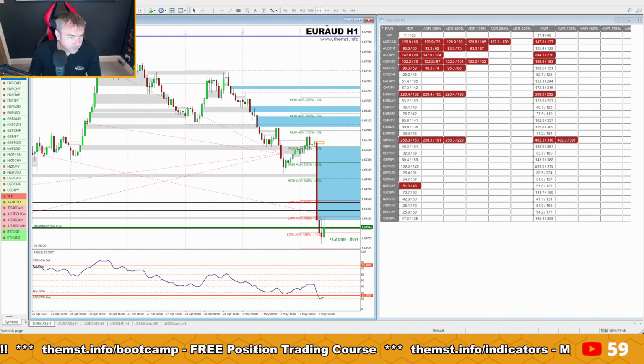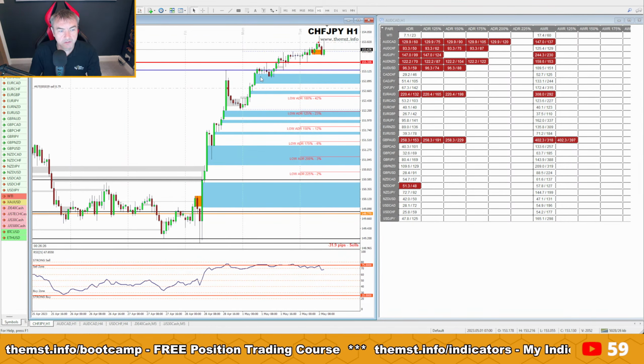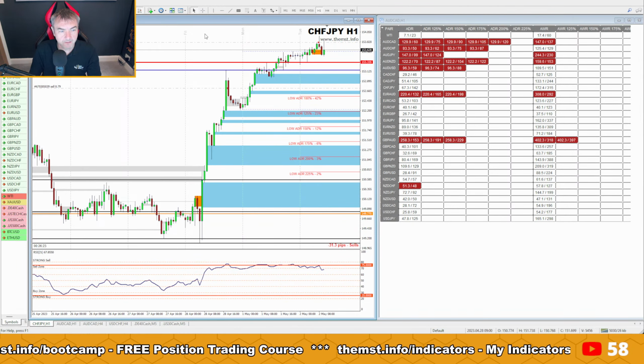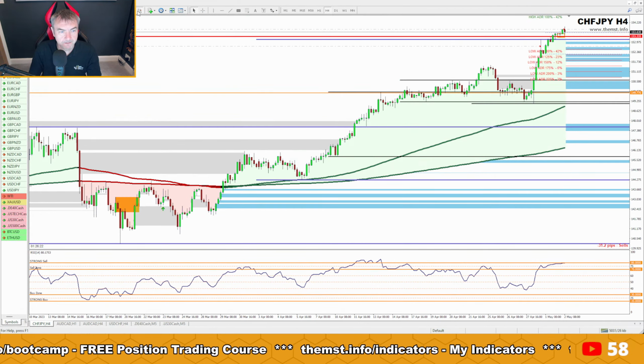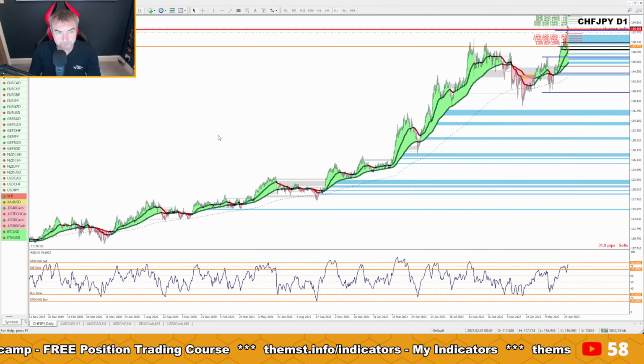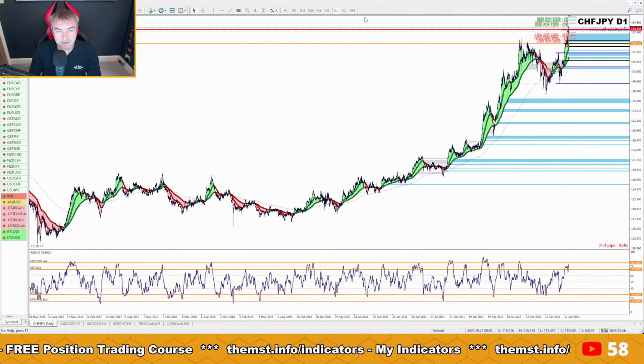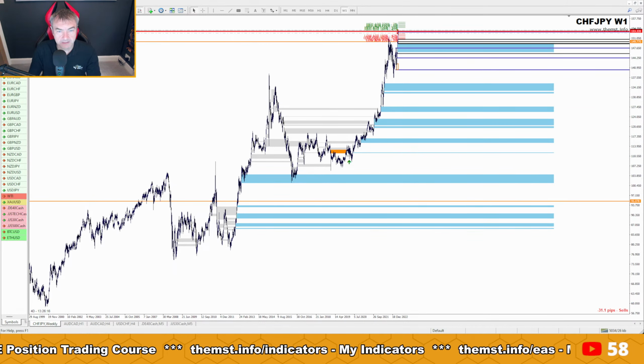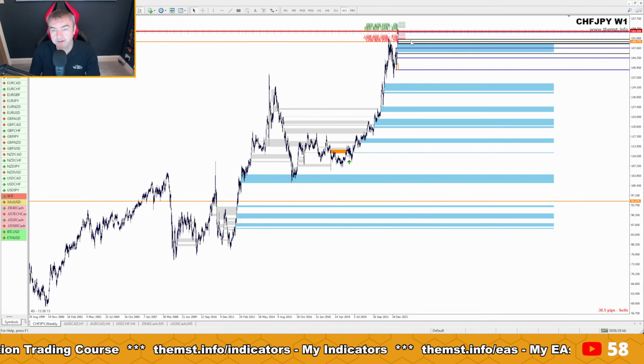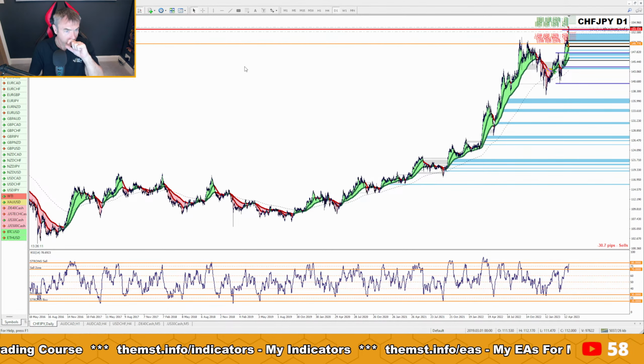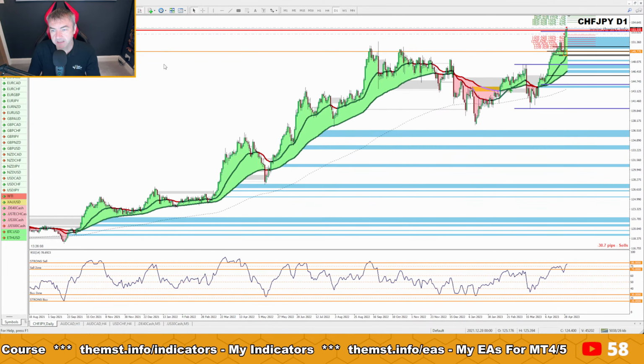Swiss yen, highest ever. Yeah, so the Swiss yen, we were looking at this one last week. As you can see, going back onto the weekly chart, this is just all-time highs we're at now. So there's nothing stopping this Swissy yen at the minute.